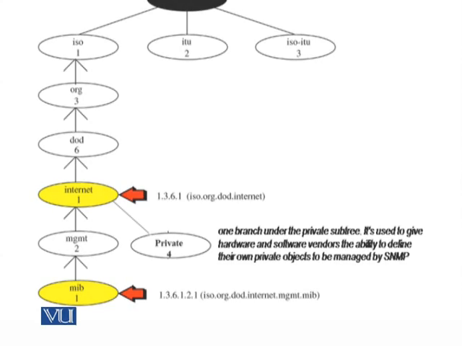In fact, it is a full internet standard, which means that if you want to implement SNMP, you have to implement this MIB. What this means is that you would find practically automatic support for this MIB. Every device that implements SNMP would automatically be implementing this, whatever component of this MIB is relevant to them.